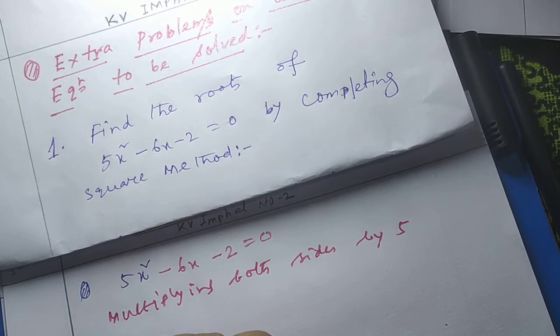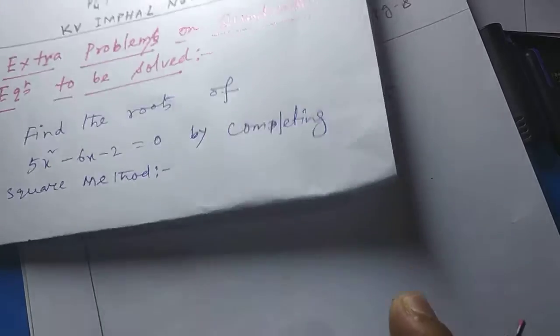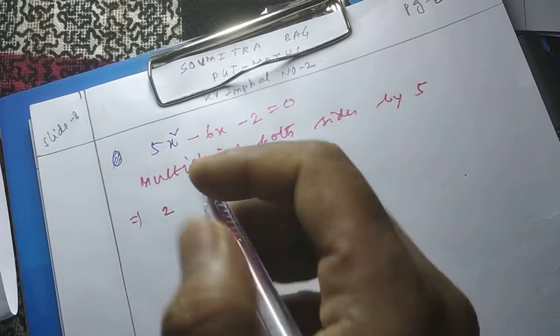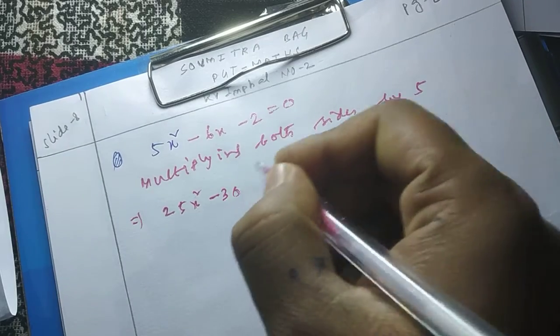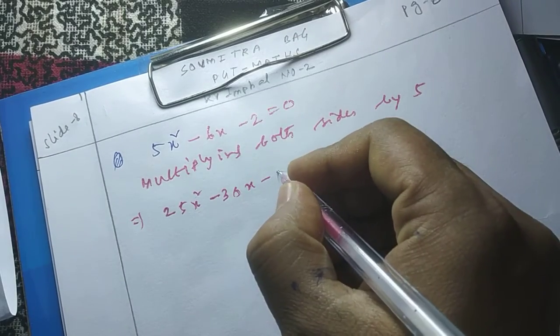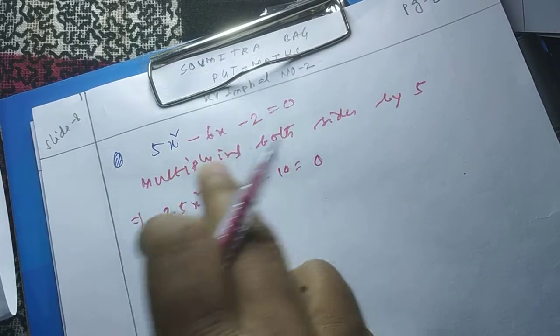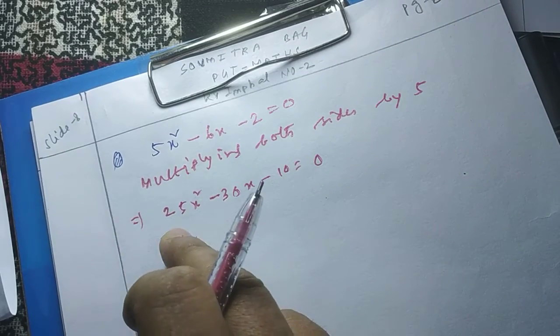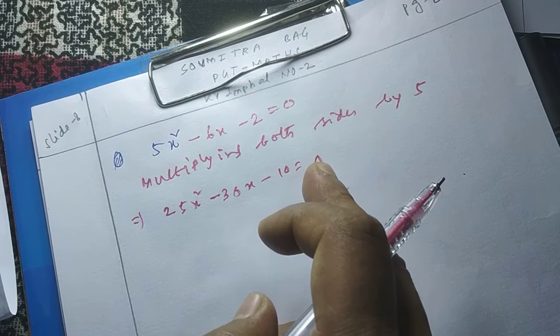Now it becomes 25x square minus 30x minus 2 into 5, that is 10, equal to 5 into 0, which is 0. We are multiplying 5 on both sides. Then we have 25x square minus 30x minus 10 equal to 0.